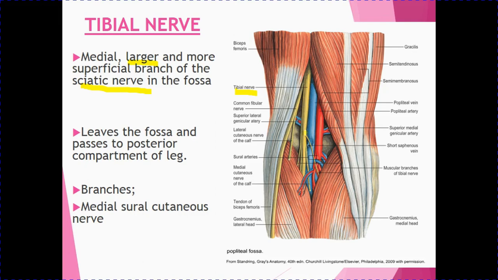The tibial nerve runs in the popliteal fossa, leaves the fossa and passes to the posterior compartment of the leg. Over here it gives a branch which is called the medial sural cutaneous nerve.